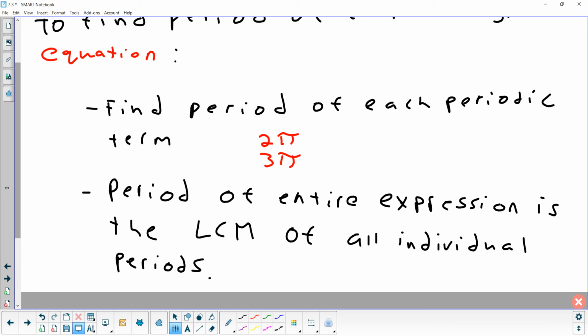So how often would the entire thing repeat? Every 6 pi. So once you get to 6 pi, you'd be having a repetition of what you had before, because you have to take into account both of them. It's the least common multiple.